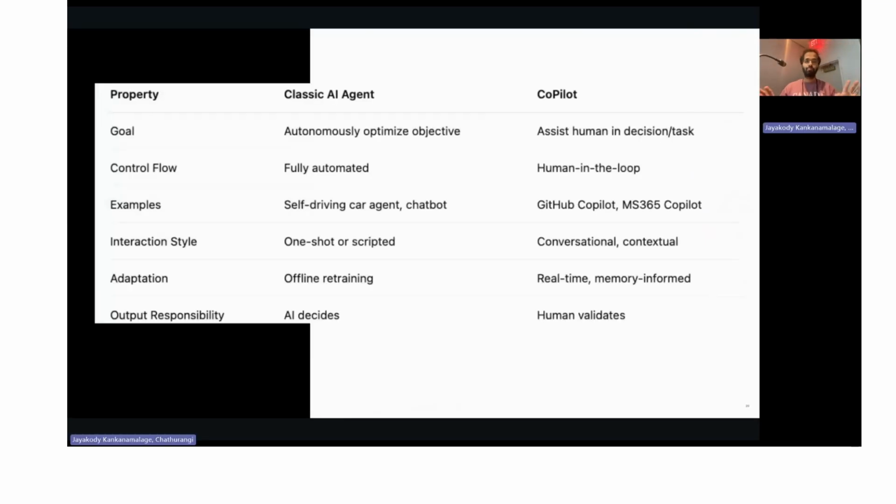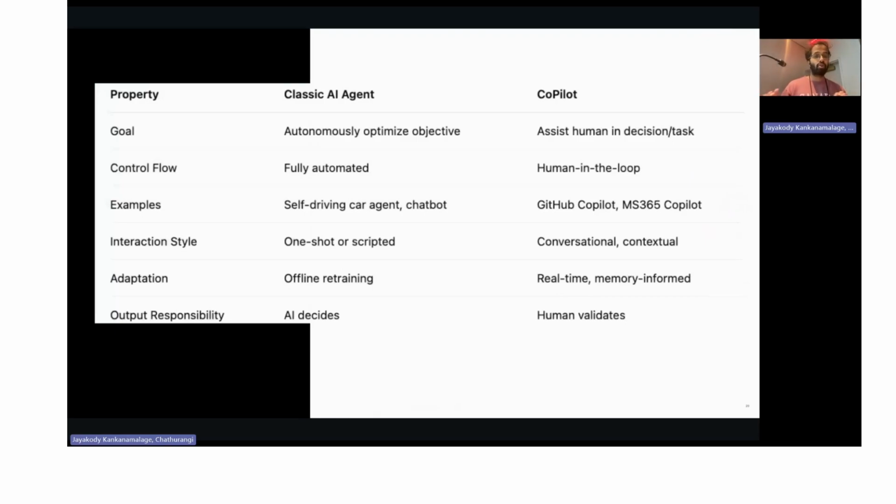So these are some more differences. The main goal of classical AI agents is to autonomously optimize objectives, whereas copilots assist humans in decision making. Classical agents are fully automated, whereas copilots are human-in-the-loop systems. Classical agents are more or less one-shot or scripted, whereas copilots are more conversational and contextual.